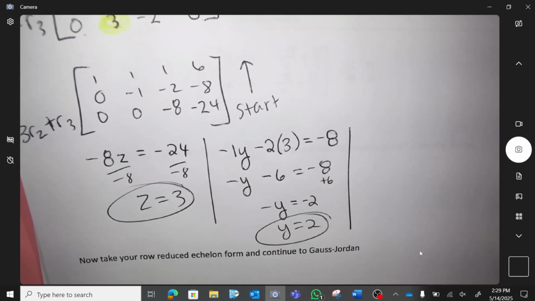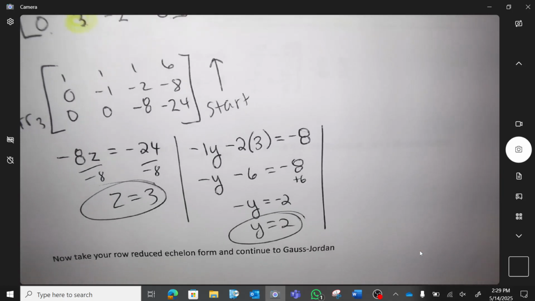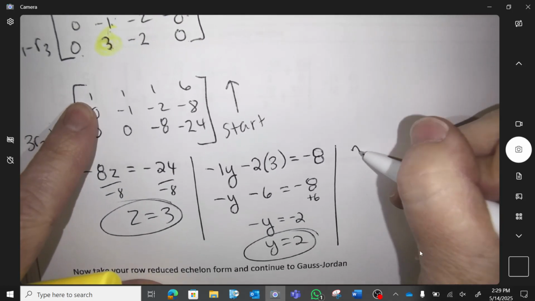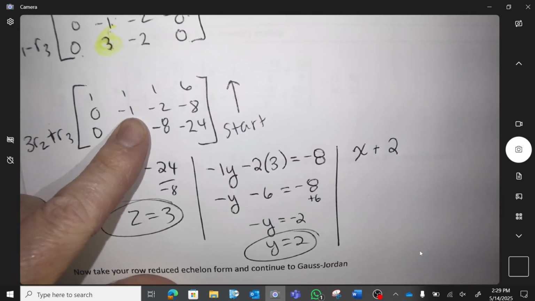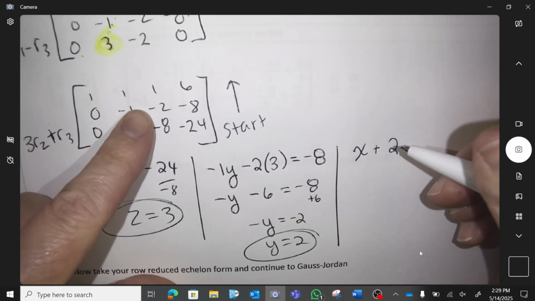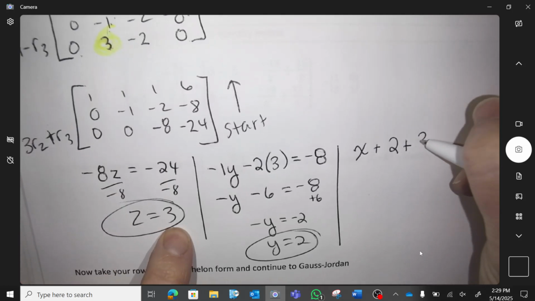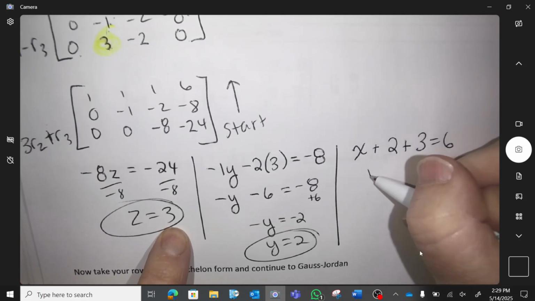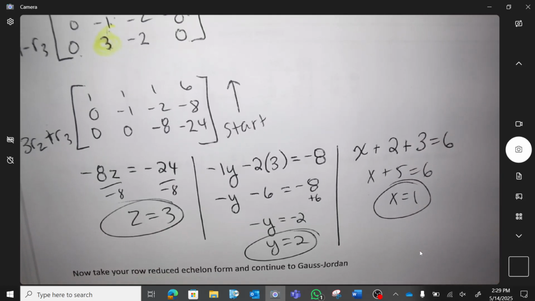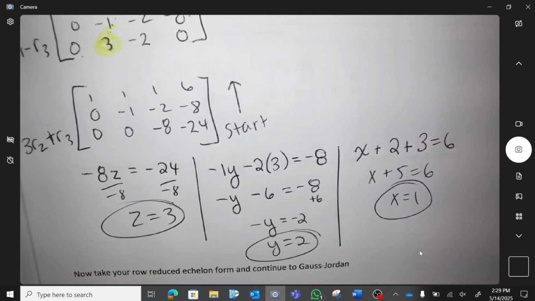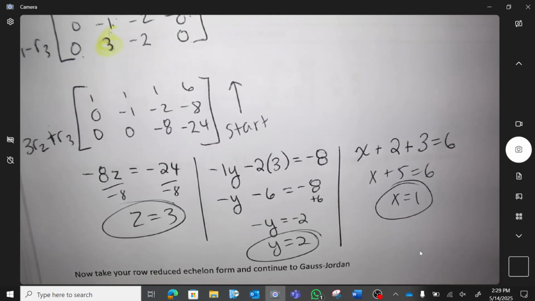Okay, the finished line is 1x plus 1y, replace y, so that's a 2, 1 of the z's, so replace it. I feel like we had that answer yesterday, but I don't know if it was the same.